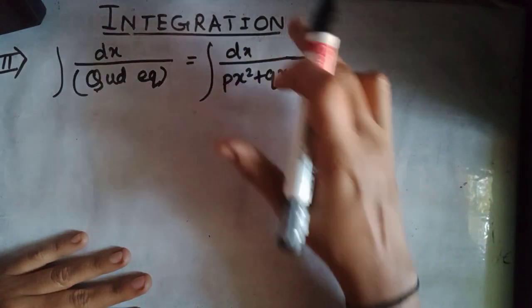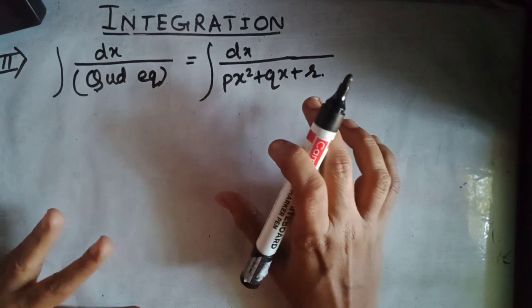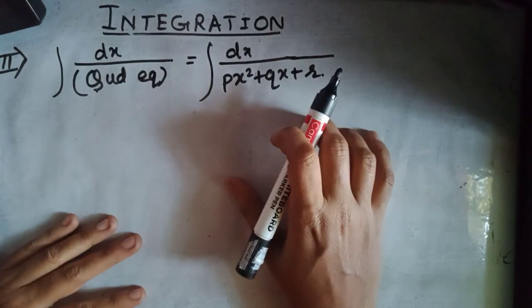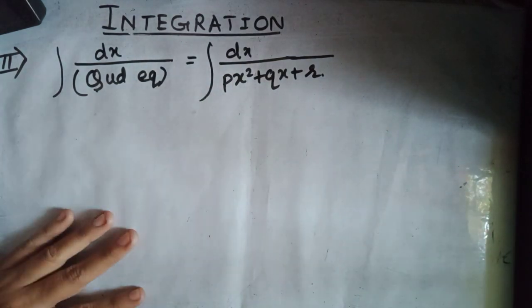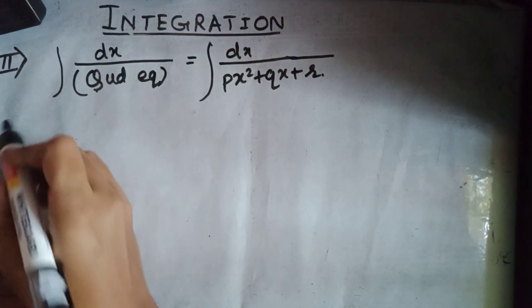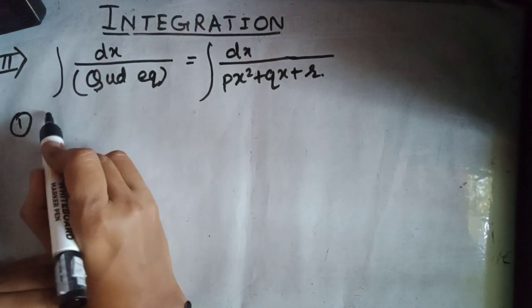This type of integral you can solve by using the standard results which we have done, that is 1 upon x square minus a square, 1 upon a square minus x square, and 1 upon x square plus a square. Let's see one example.